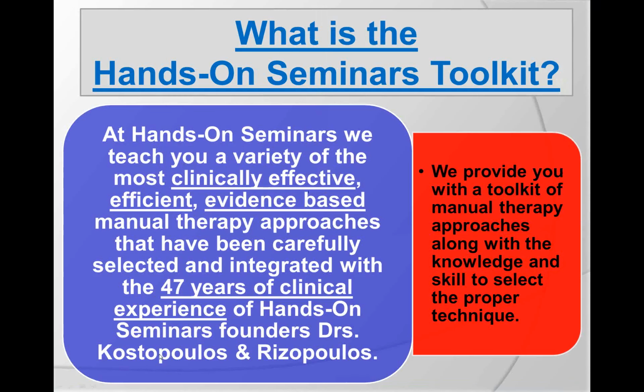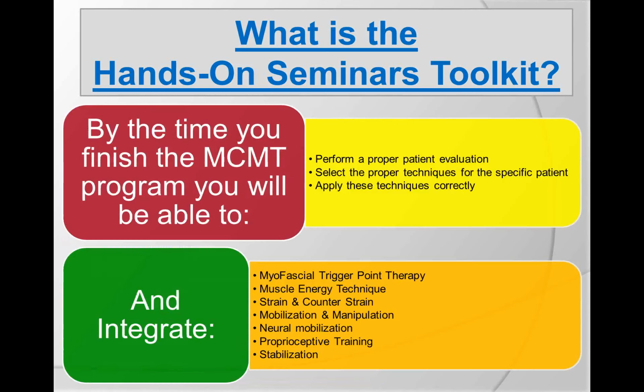So essentially, we provide to our course participants a toolkit of a variety of manual therapy approaches so that they can select the most clinically effective, the most efficient, and the most evidence-based manual therapy approach for the specific problem of the patient. So at this point in our courses, we integrate the principles of myofascial trigger point therapy, muscle energy technique, strain counter strain, mobilization and manipulation, neural mobilization, proprioceptive training, and stabilization.